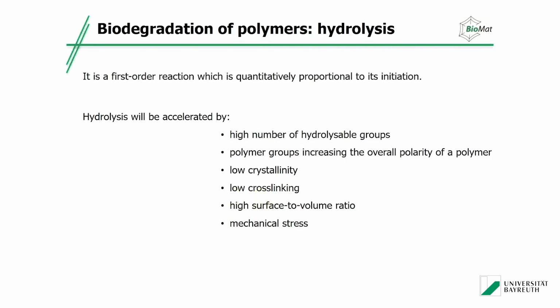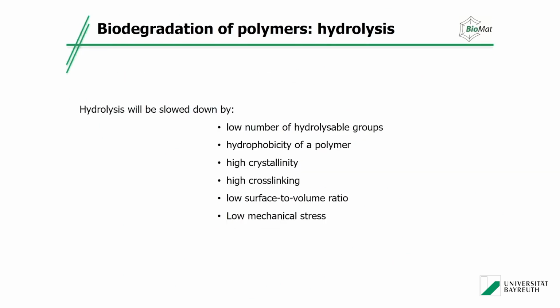The polarity of the polymer, of course, plays a role. If you have hydrophilicity, if they have a good water contact, then this is a preferred attack point for hydrolysis, in contrast to having a hydrophobic setting. If you have low crystallinity, now we talk about morphology, yeah?